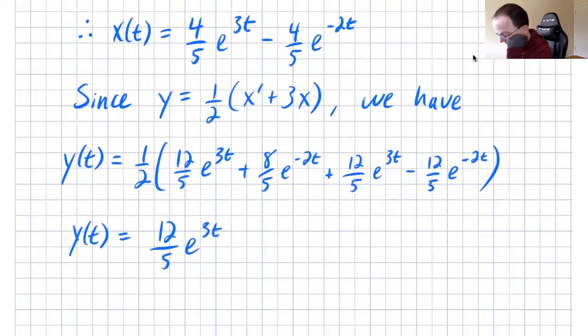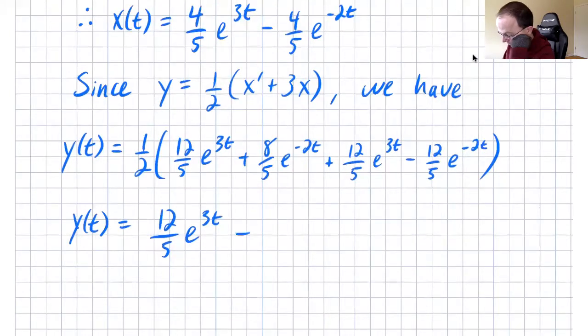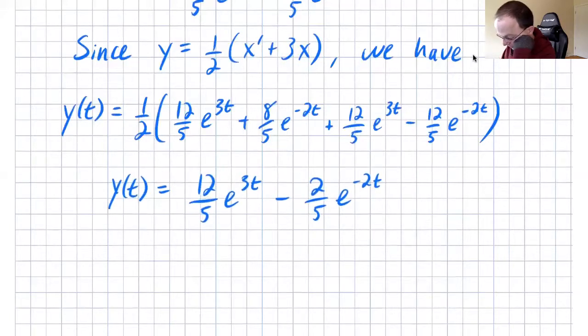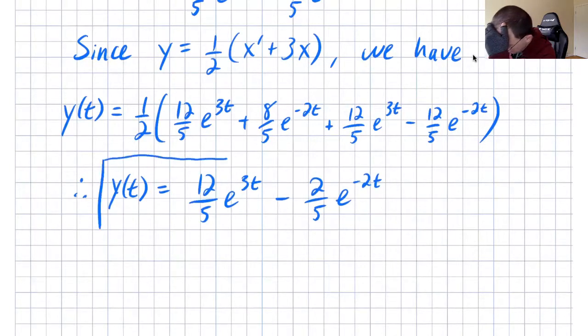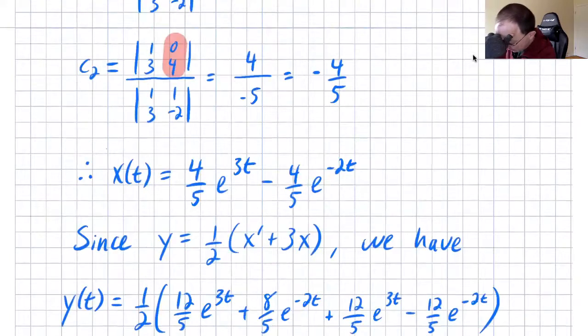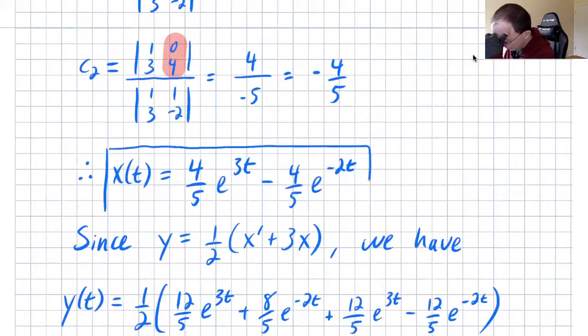And then we have 8 minus 12 is minus 4, and then divided by 2, it's going to be 2 over 5. Okay, so there's our two solutions. Let's put a box around them. So there's y of t, and here is x of t.